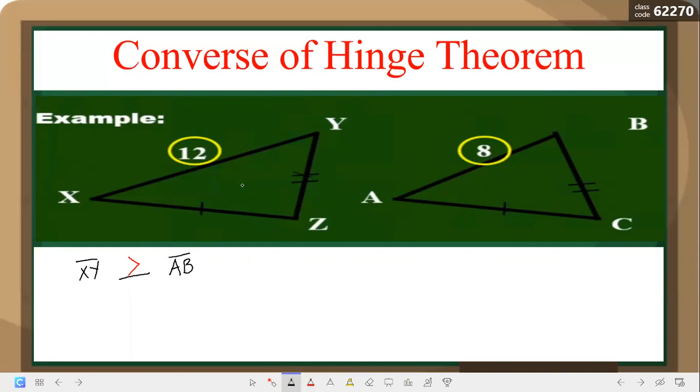Then we also compare the included angle.